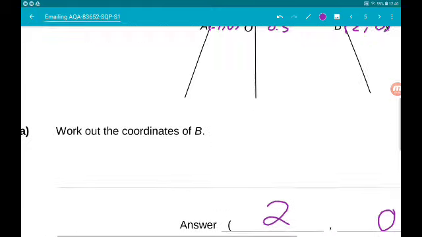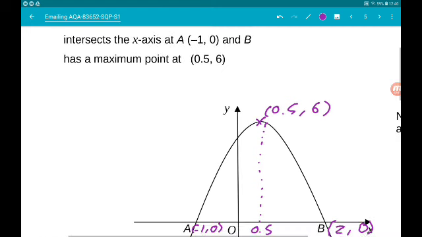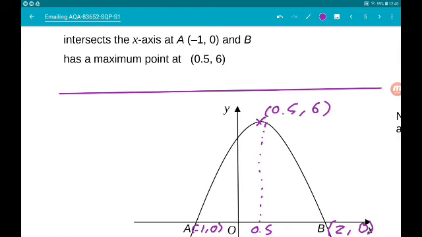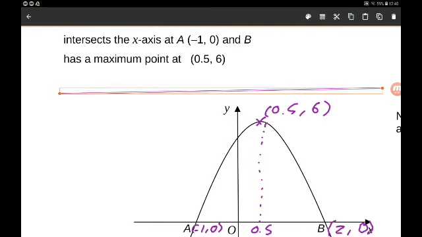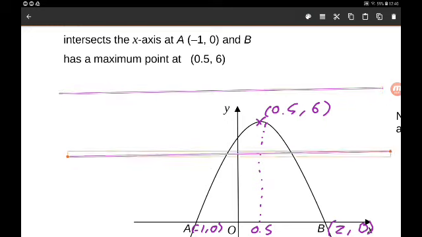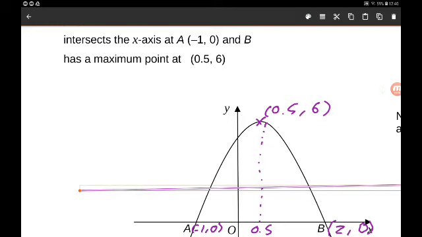So if I attempt to draw a horizontal line like that, if this line was anywhere down here, then it's going to intersect the quadratic at 2 points. So there would be 2 solutions.